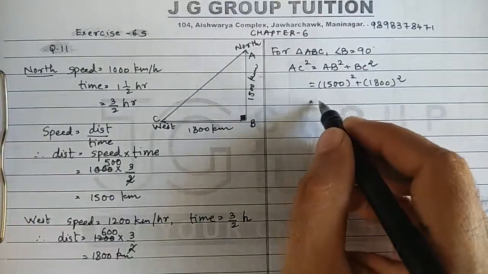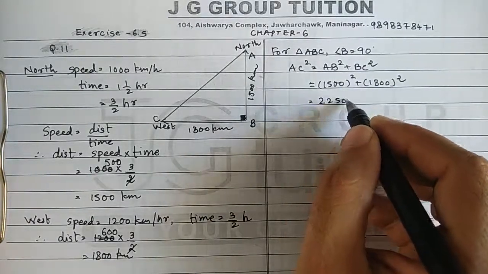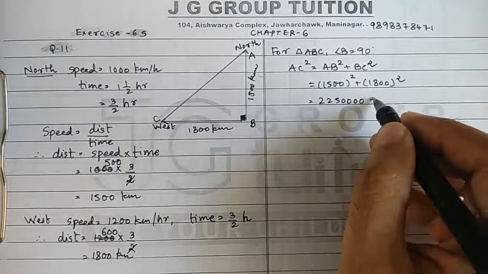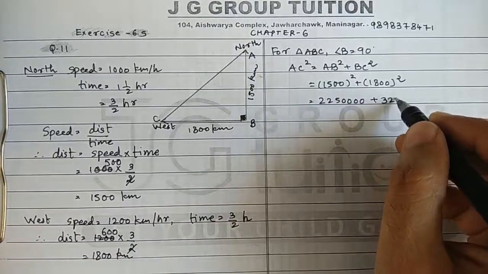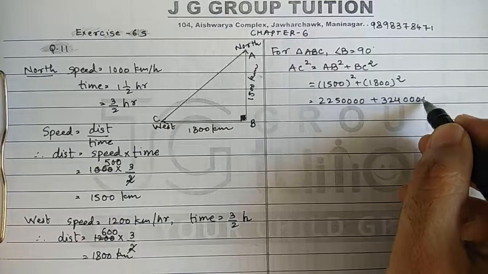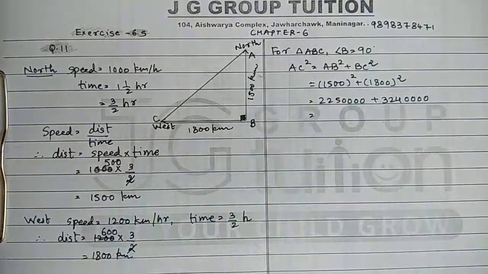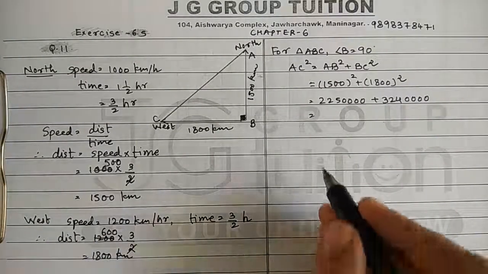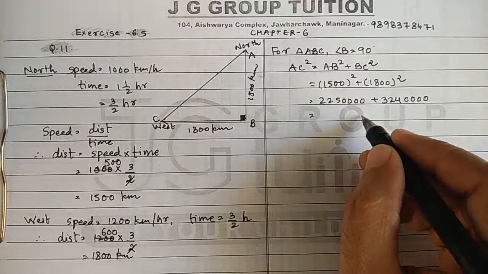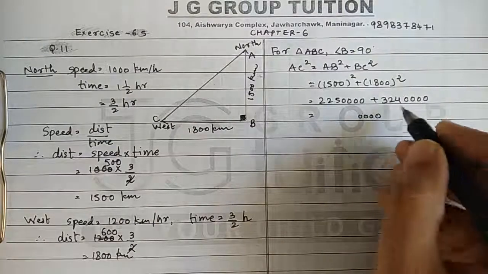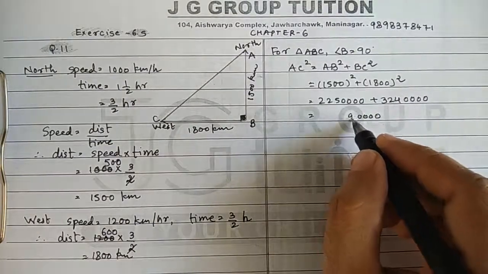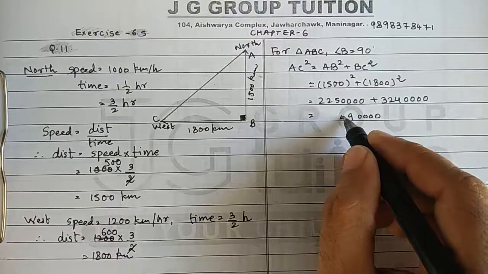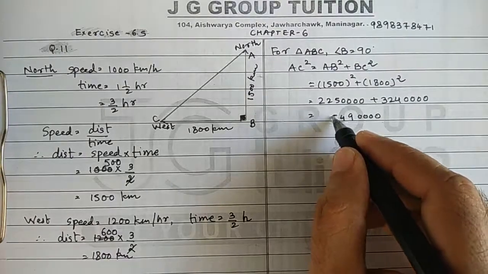So the square of 15 is 225 and there should be 4 zeros, and the square of 18 is 324, and obviously 4 zeros. When we do the square, we have to write the zeros double. Now when we add these two, there are 4 zeros as it is. 4 plus 5 is 9, 2 plus 2 is 4, and 3 plus 2 is 5.